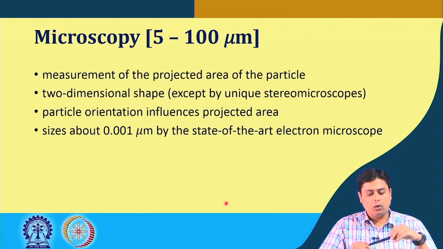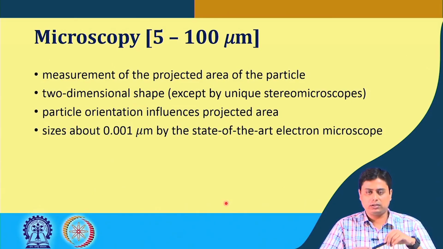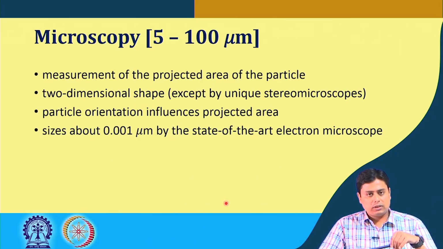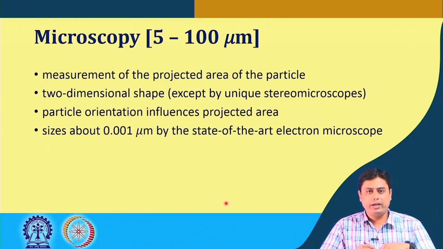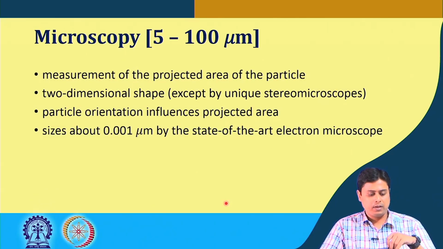So, particle orientation basically influences this measurement process, like sieving also. Sometimes you can do it in a random orientation to get an average diameter of a single irregular particle.